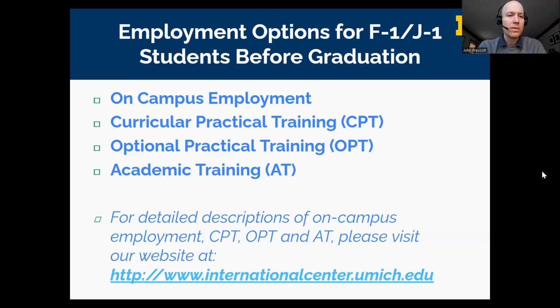It's worth noting that academic training is the mechanism for J1 students to apply for work authorization for off-campus employment. It's similar to the J1 equivalent of CPT prior to graduation.